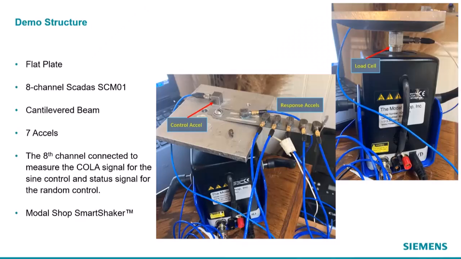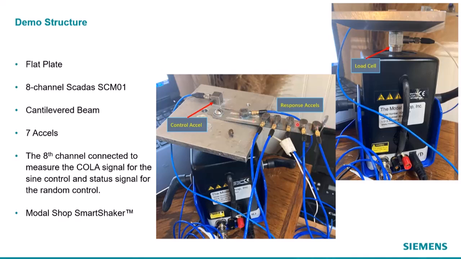So right now I'm going to go to a demo and I'm going to start up the sine control. Actually, I've already started it, but this is my setup here. Very simple, good for demos, good for traveling to show demos. It's a little mobile shop shaker with a built-in amplifier. I've got mounted on that this flat plate, and then I've got a number of accelerometers along here for response. I could use these for control.